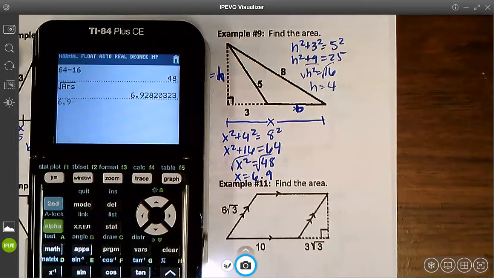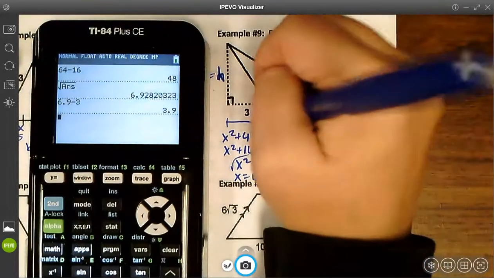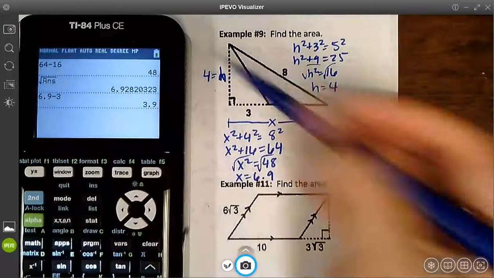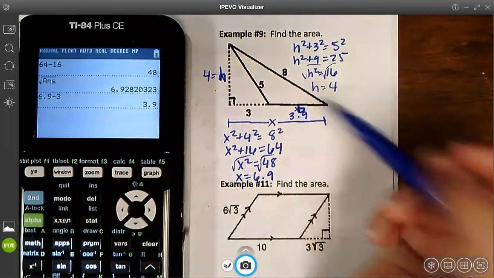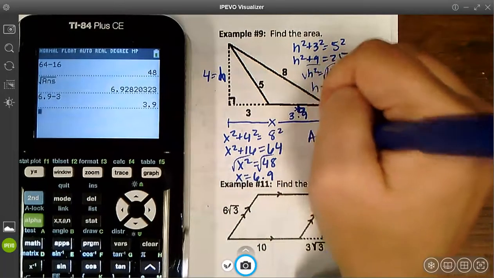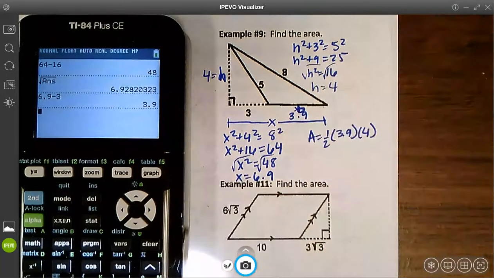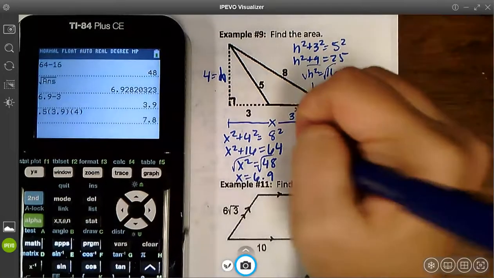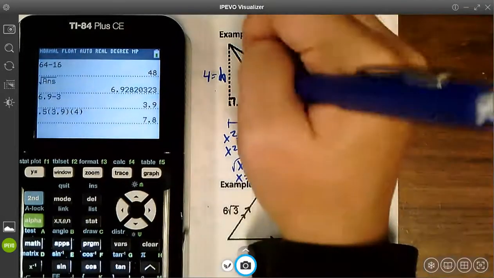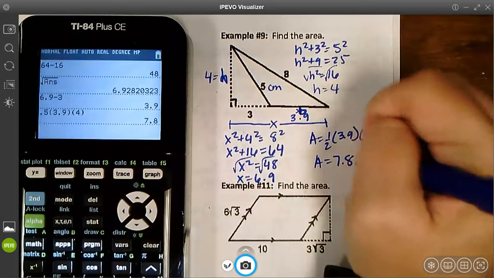So 6.9 minus 3 is going to be 3.9. Now I can find my area of my triangle using my base and my height. So my area is 1/2 3.9 times 4, which is 7.8. And I'm going to say centimeters this time, centimeters squared.